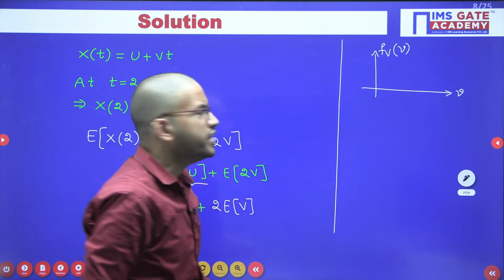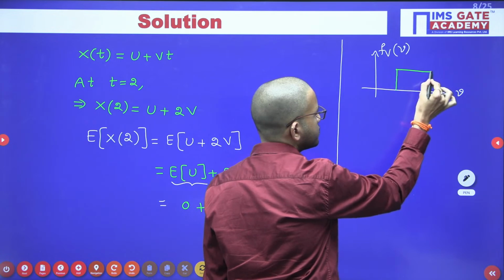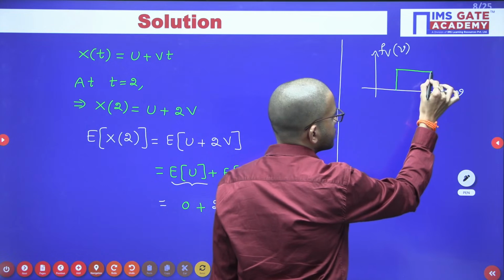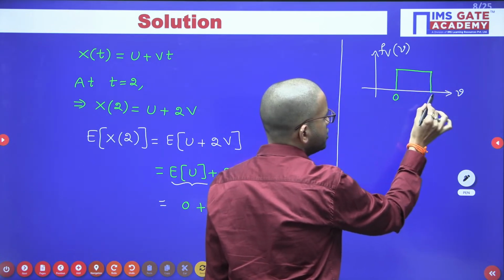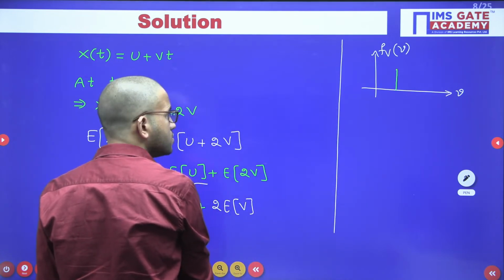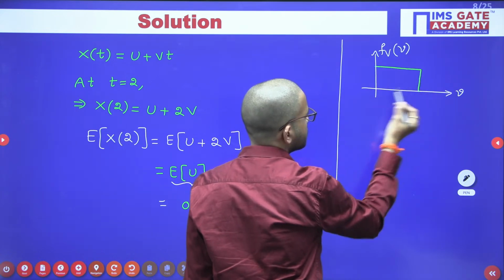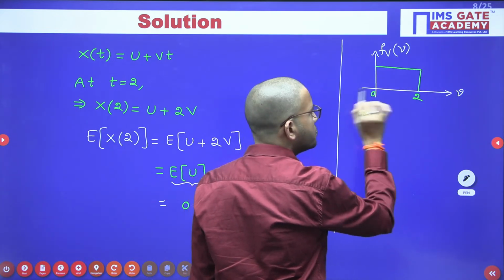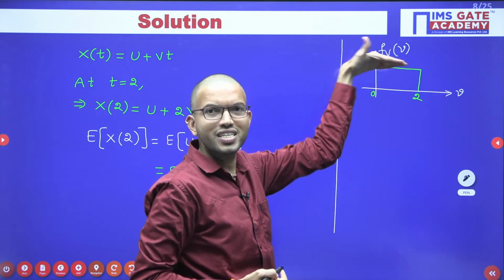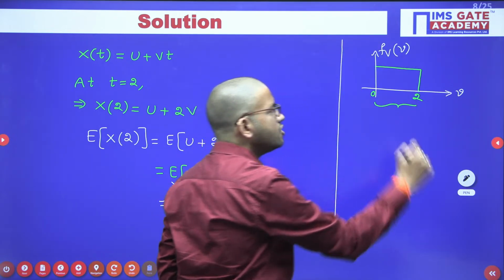So between 0 to 2, it is uniform. The distribution function or density function is a constant. Here we have to calculate the mean value.